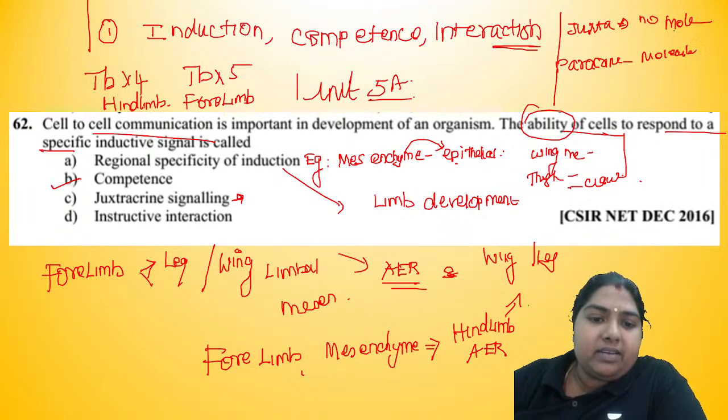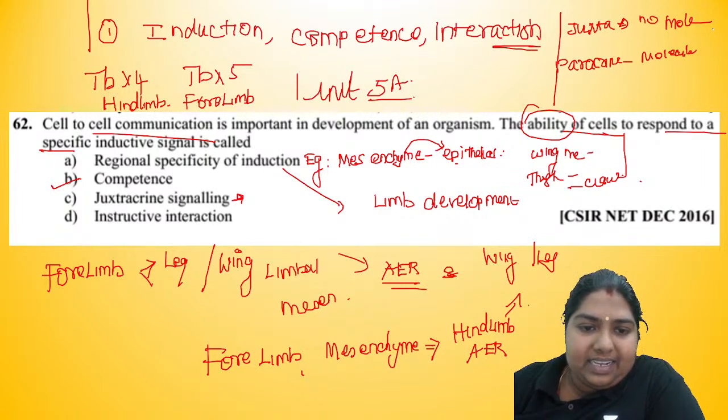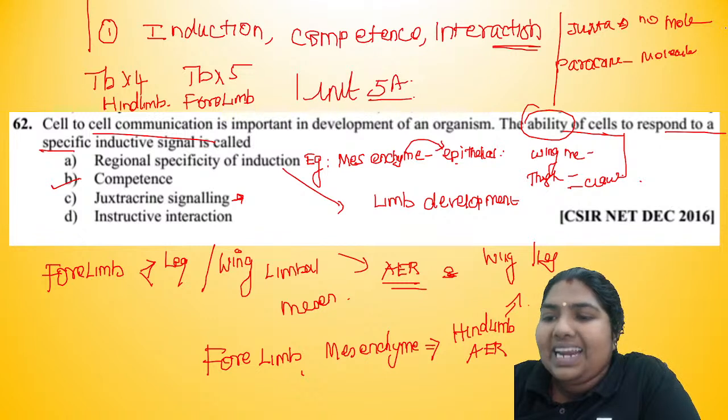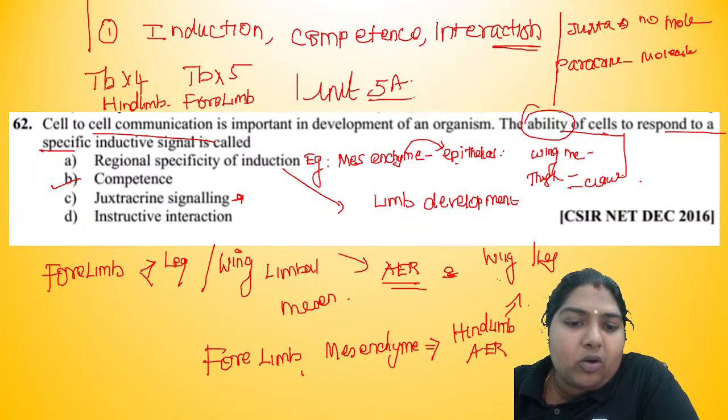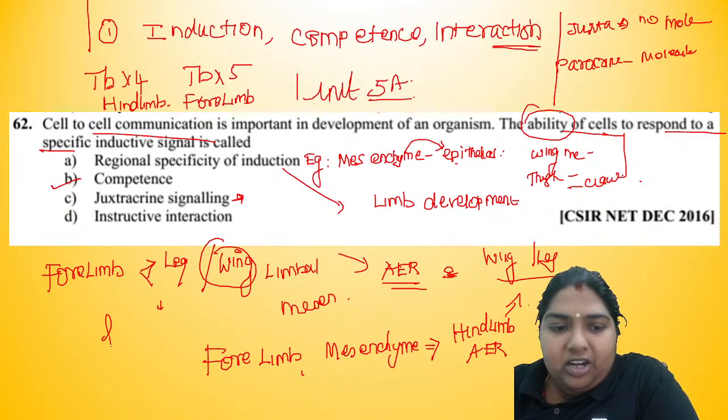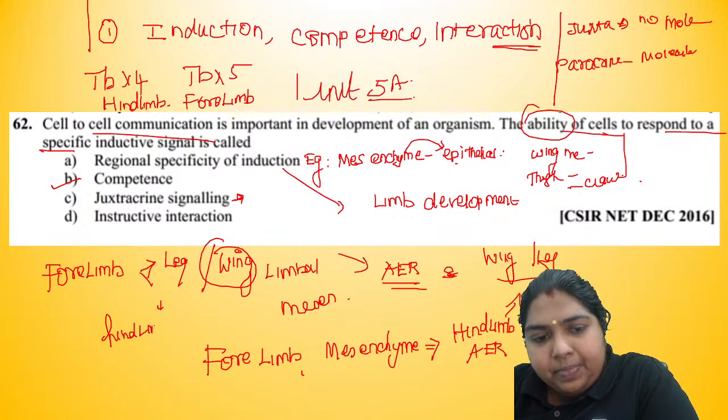Okay. So we left this question in between and went for some other topic. So forelimb means, I was asking you, is it going to be the wings or the leg. Remember that. So forelimb means it is going to be the wing. Leg is going to be your hind limb.